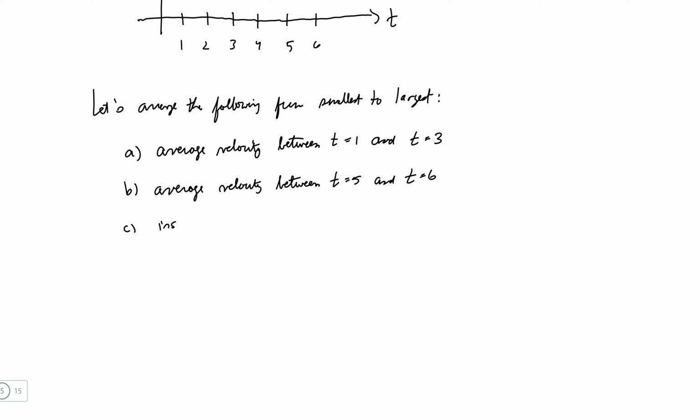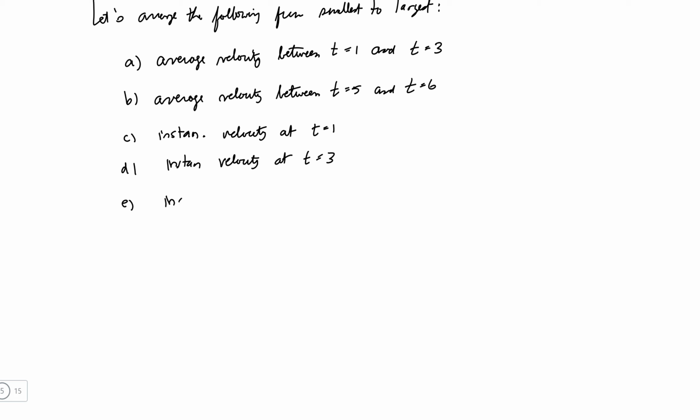Then the instantaneous velocity at t equals 1, the instantaneous velocity at t equals 3, the instantaneous velocity at t equals 5, and for the last one, the instantaneous velocity at t equals 6.